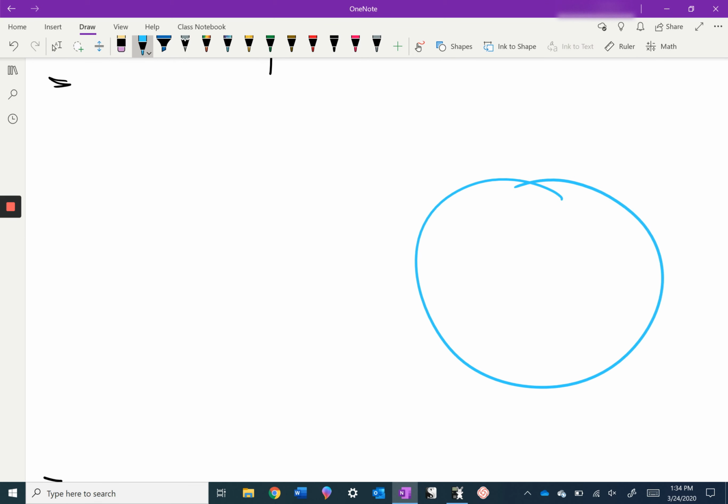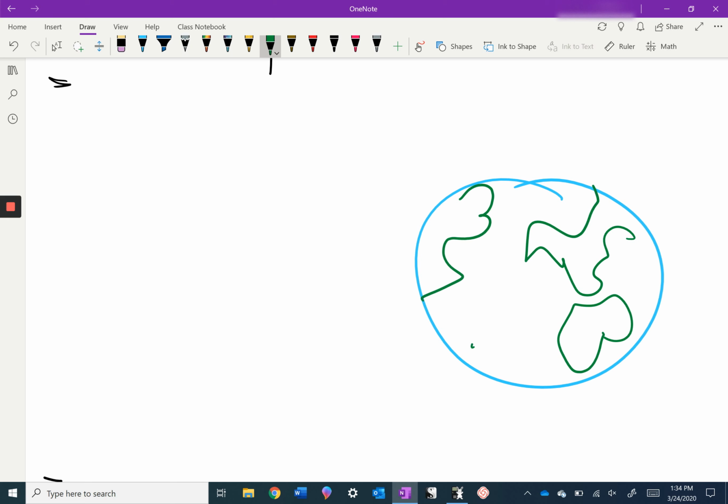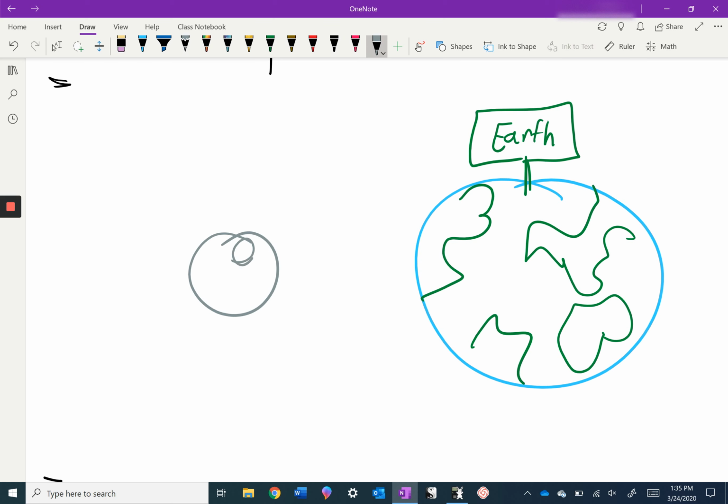So, okay. Let's look at this one. A nice quick little Earth. Yes, that's Earth. We'll give it a sign. And we've got the moon. Okay.